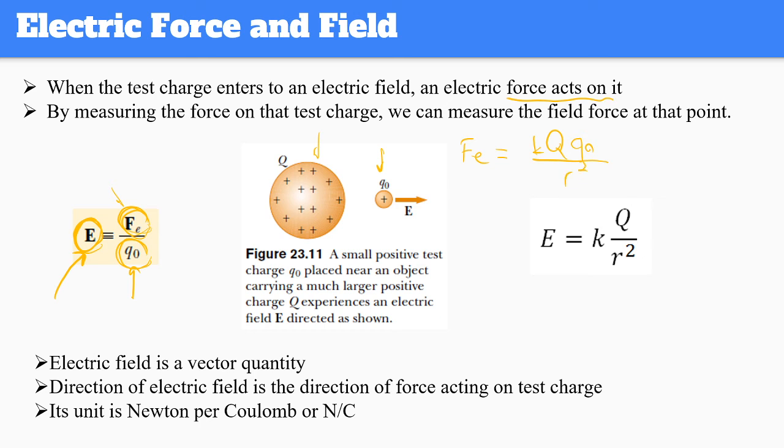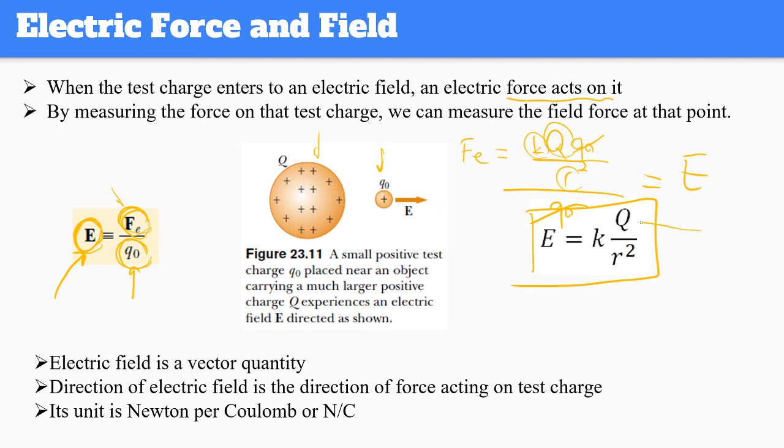So this is electric force. And if you divide it by Q0, the Q0s will cancel out. Then your electric field will become KQ divided by R squared. So another alternative equation for electric field is K capital Q divided by R squared.